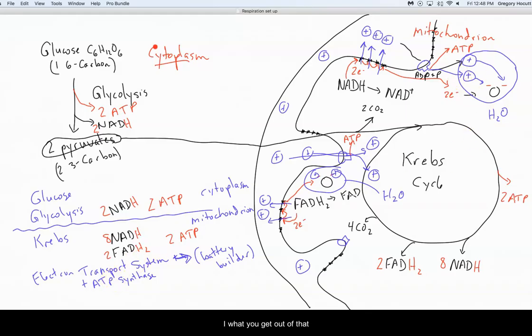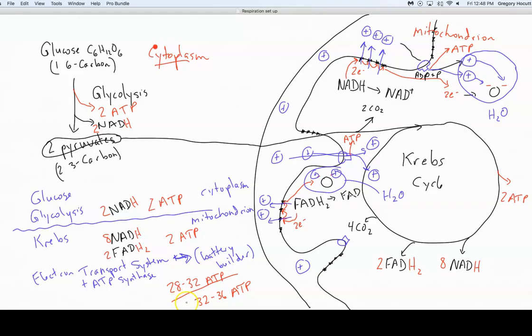And what you get out of that is 28 to 32 more ATP. So you can get a total of 32 to 36 ATP out of each glucose. And the lion's share of it is coming from the electron transport system in ATP synthase.